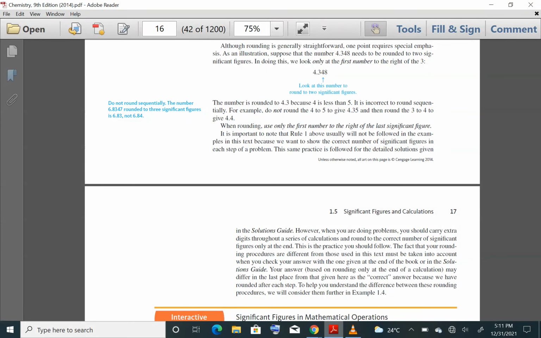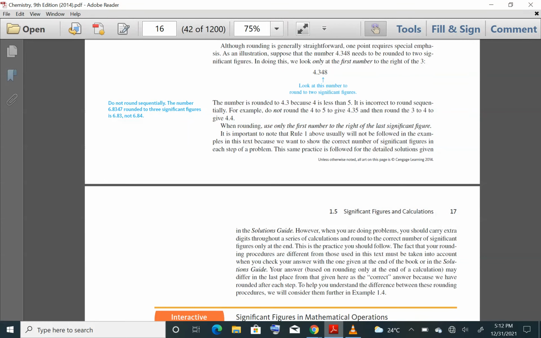It's incorrect to round sequentially. You can't say the 8 rounds the 4 up to 5, then the 5 rounds the 3 up to 4. No, you can't do that. You don't round sequentially. You just look at the number that comes right after the digit you are focusing on. Okay, so that's that.